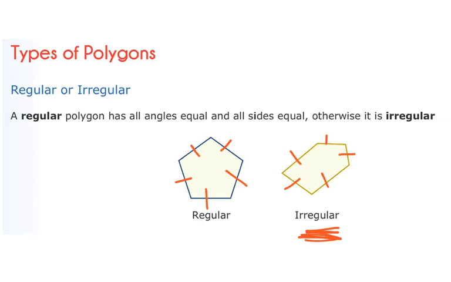And those of you that can remember your work from year 4 will know that is what we would consider a correct mathematical example of a pentagon. All right, so the thing to remember here is angles equal and sides equal, okay?